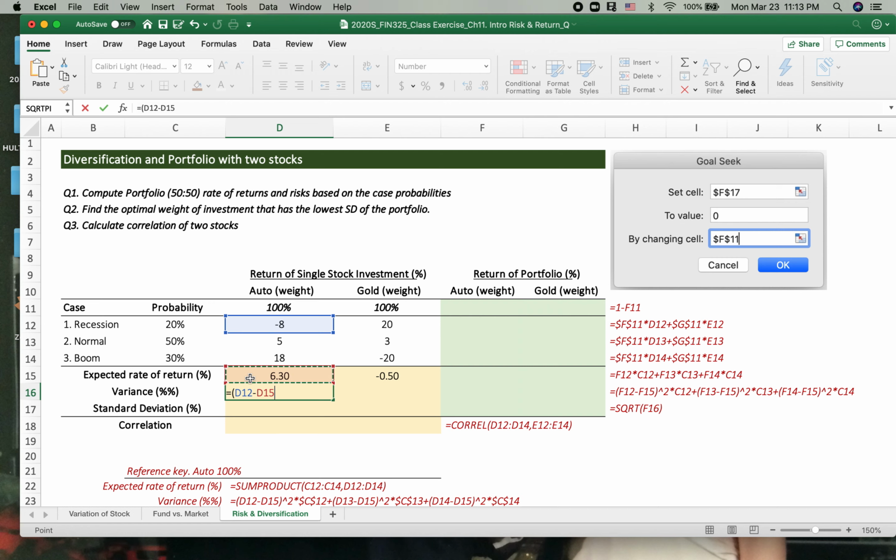That is the distance. But if the distance has a negative amount, it doesn't make sense because distance doesn't have a negative.